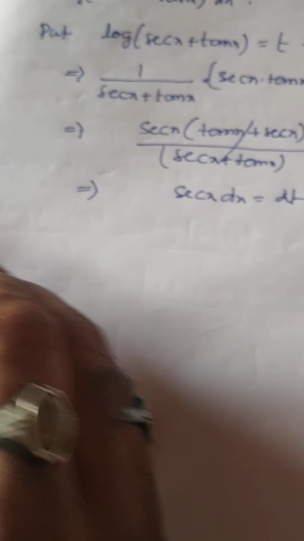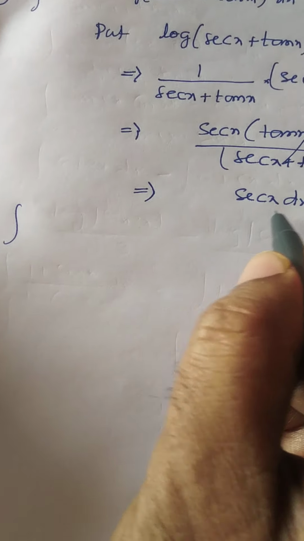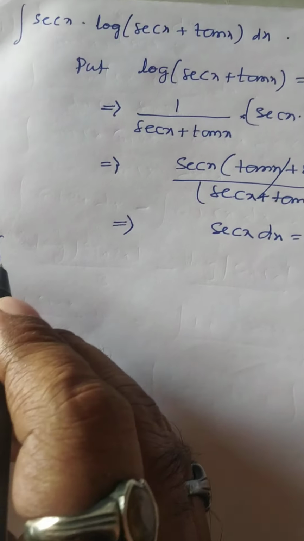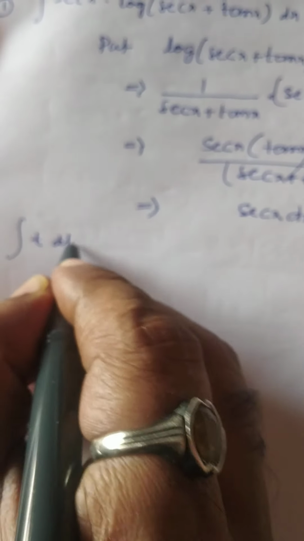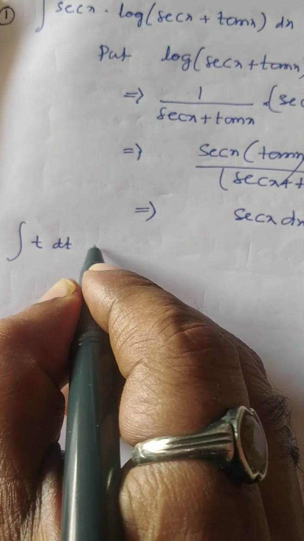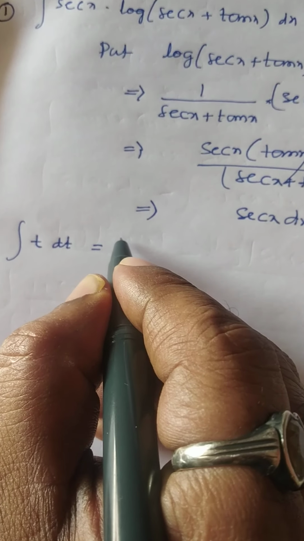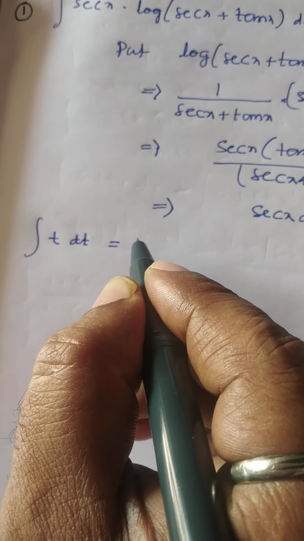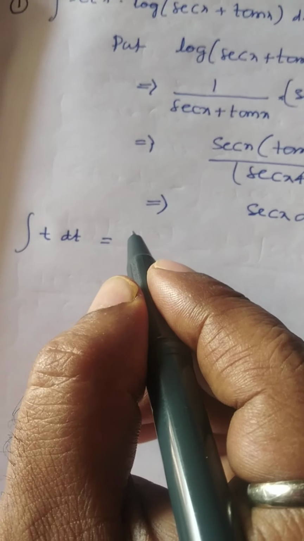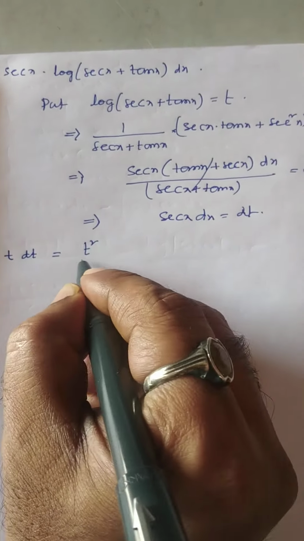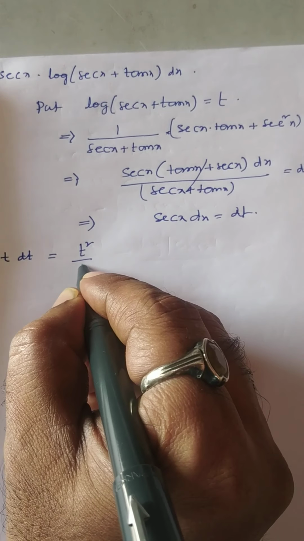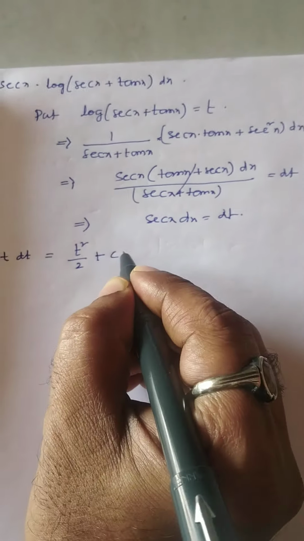So going back to the integration, here secant x dx is nothing but dt and we had assumed this as t, so t dt, that is equal to integration of t square by 2 plus c.